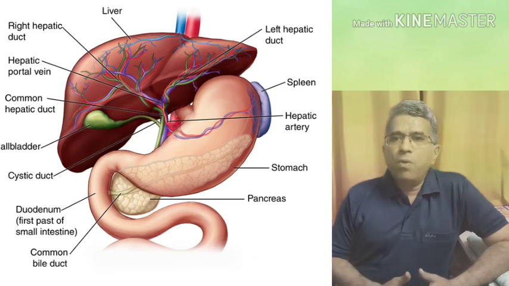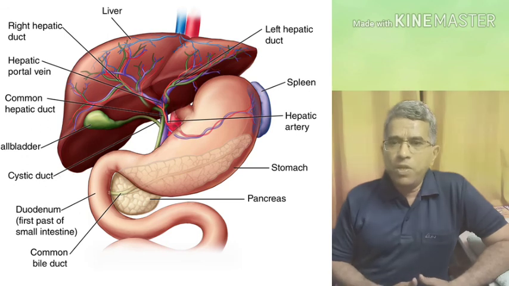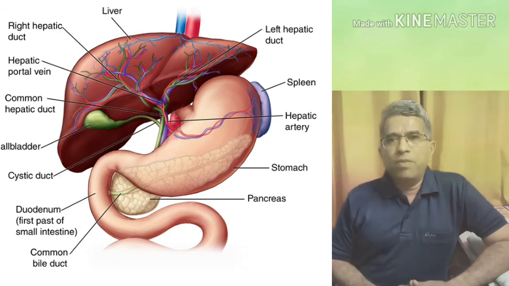Small intestine is followed by large intestine. Large intestine contains three parts again, namely cecum, colon and rectum. Cecum is useful for microbial digestion and cellulose digestion in case of herbivorous animals, whereas in case of human being, cellulose cannot be digested.